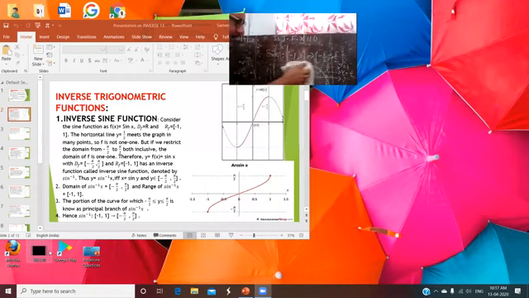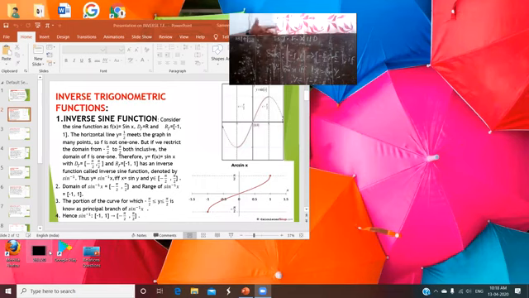How is it defined? You can write it this way: y is equal to sine inverse x if x is equal to sine y, and y belongs to minus pi by 2 to pi by 2. That is the concept of the sine inverse function.